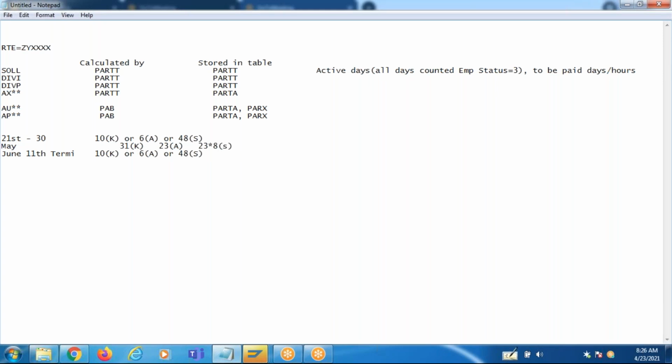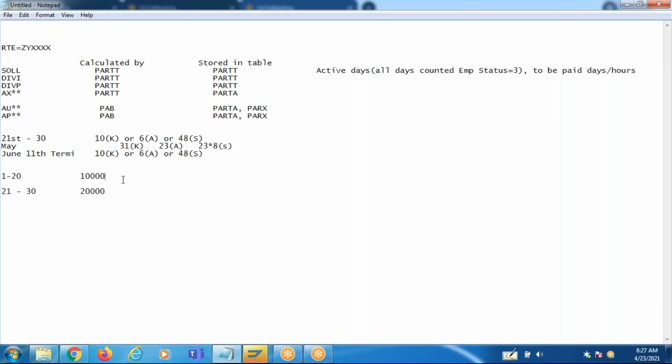Now, there is a salary increment. Let's say he joined on April 1st, 1 to 20, salary 10,000. Now 21st to 30th, it is 20,000.